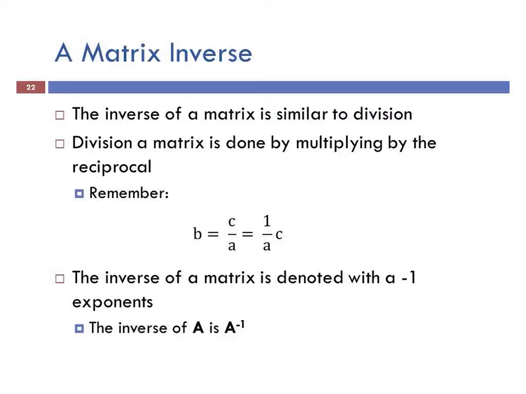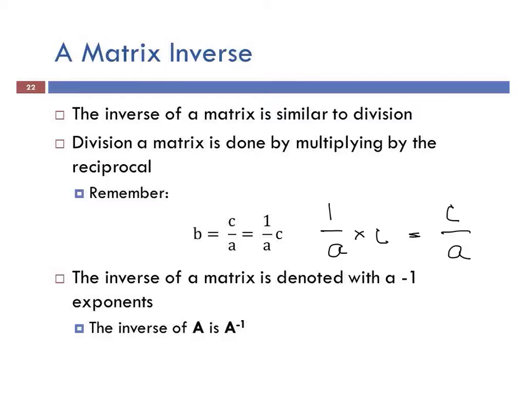Remember that in geometry, if B equaled C over A, the other way that you could write that is 1 over A multiplied by C, because any given term A, when divided, is also equal to 1 over A. So 1 over A multiplied by C is also equal to C over A, which is essentially what I'm trying to get across. The reason that is important is because that's how we're going to do division when we divide two matrices.